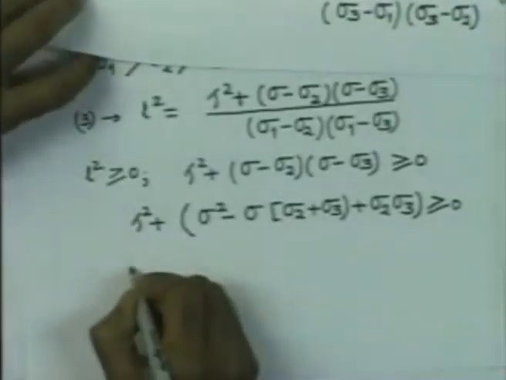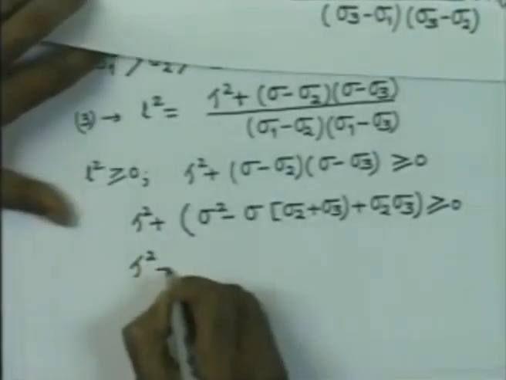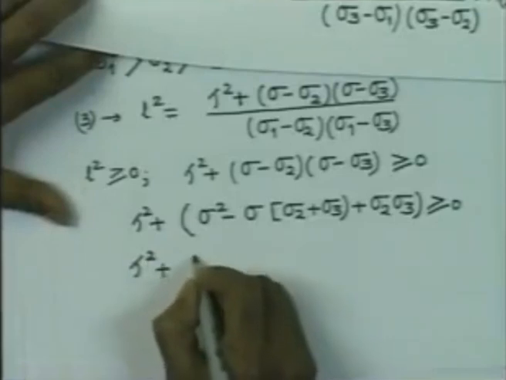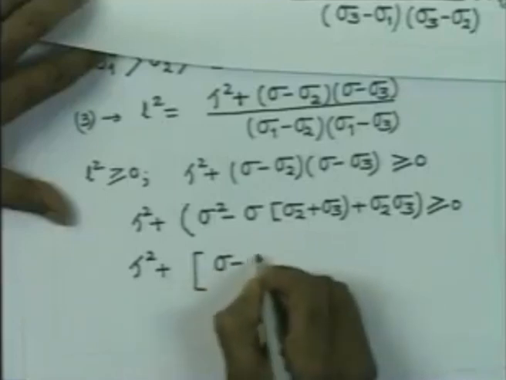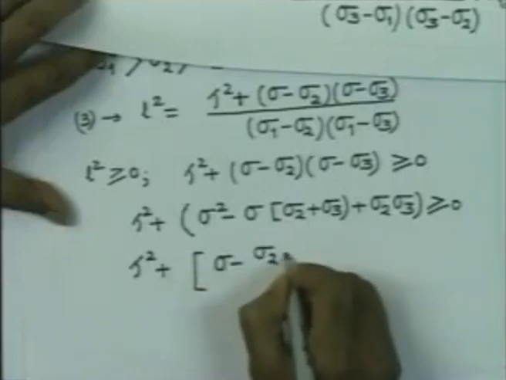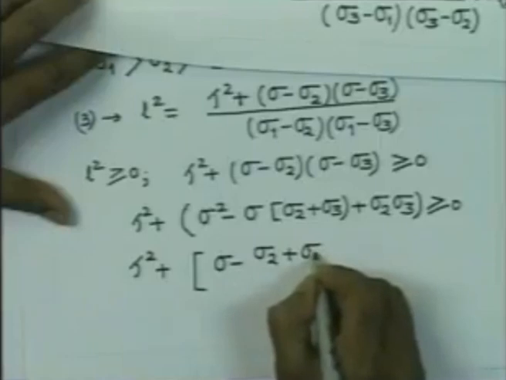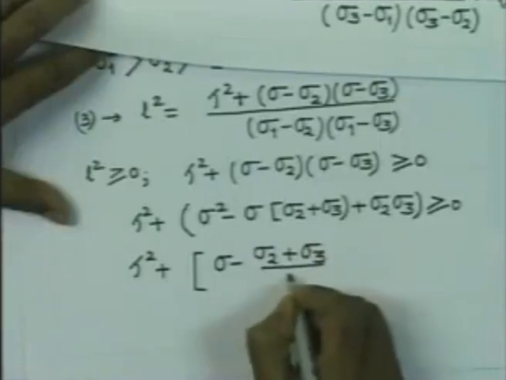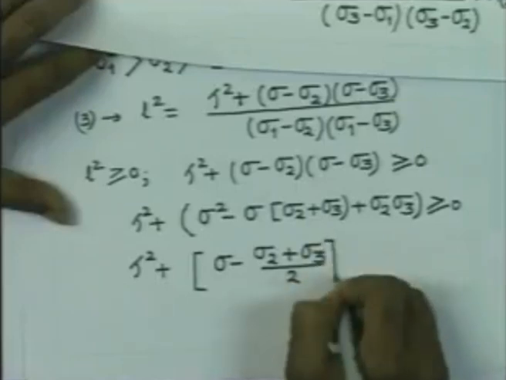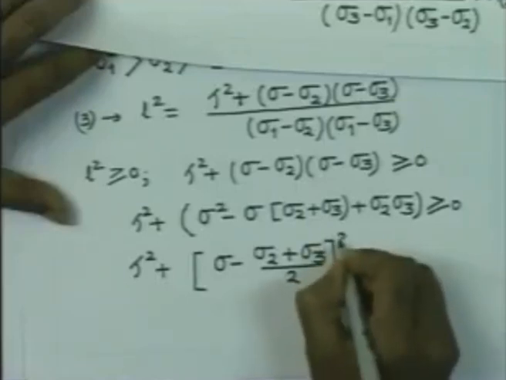Now, we can write this thing as sigma minus sigma 2 plus sigma 3 by 2 whole square.